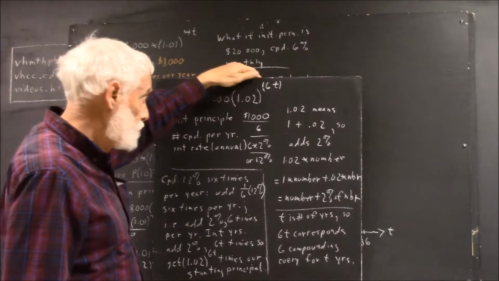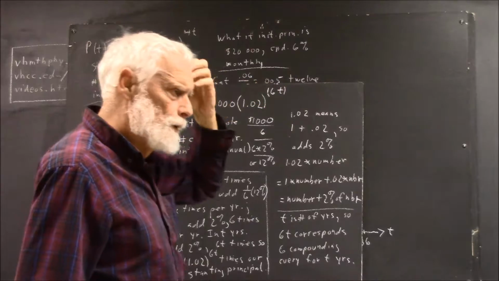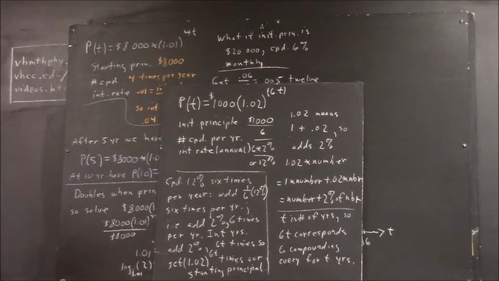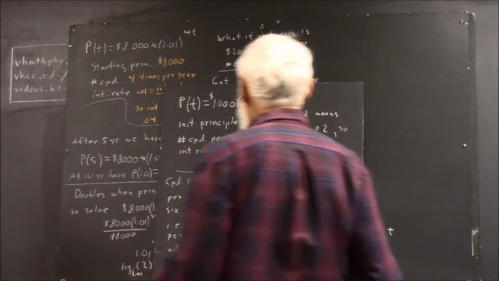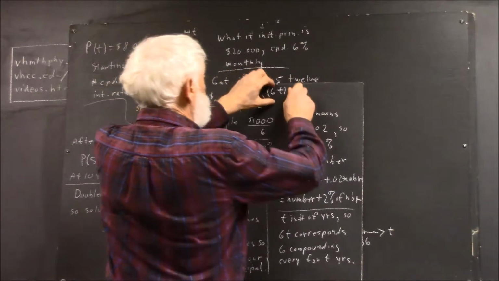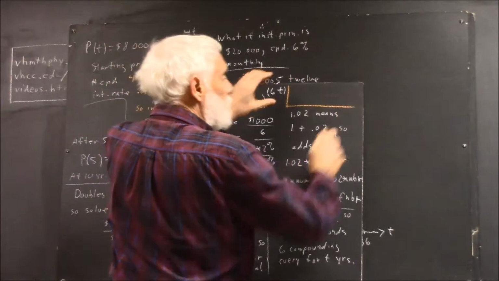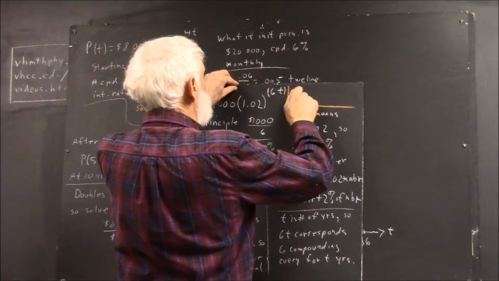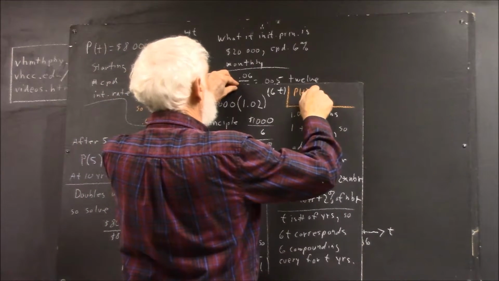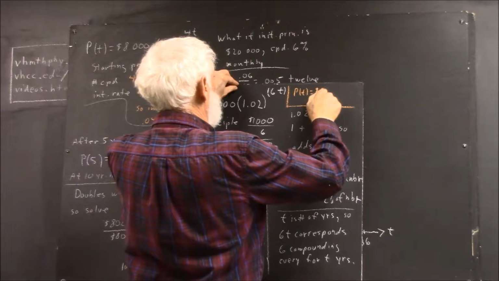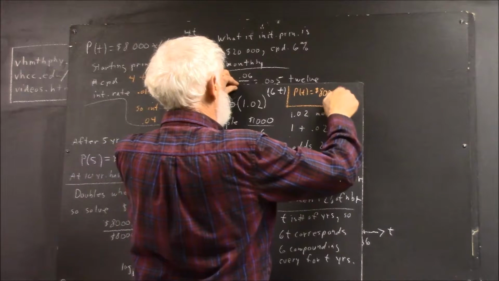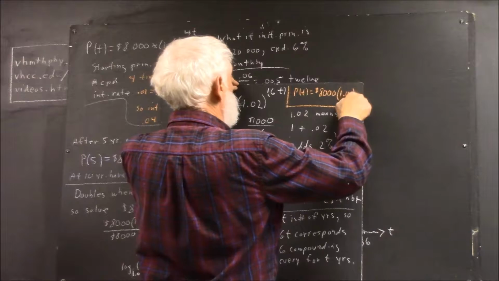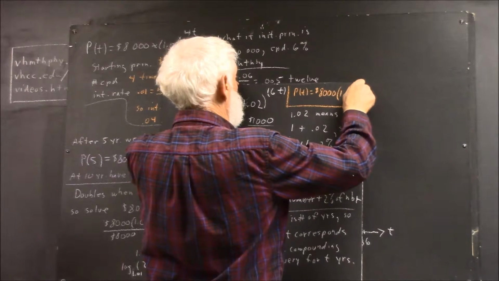So we proceed, and I'm going to pose this, and you should think this through if you haven't already done so. You would have done so hopefully during class. But without referring to your notes or anything, tell me what it means if P of T is $8,000 times 1.01 raised to the 4T.